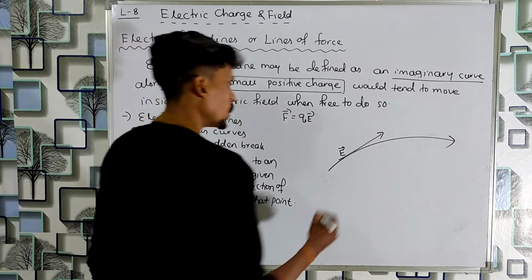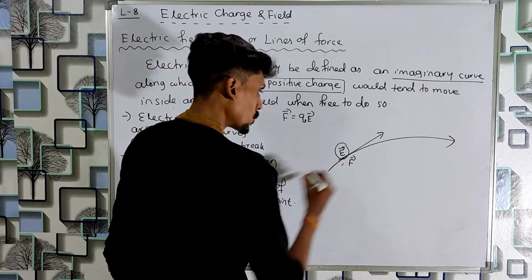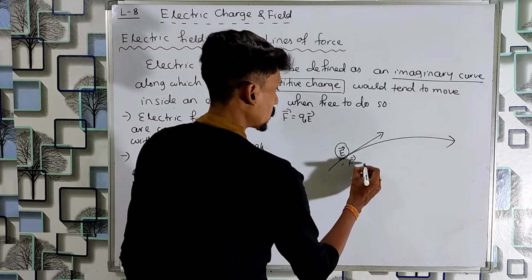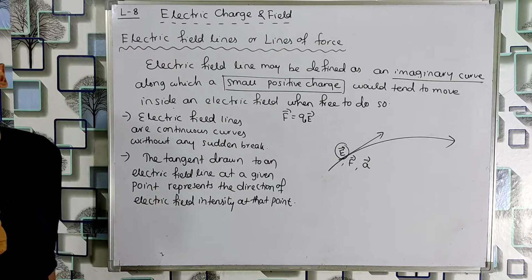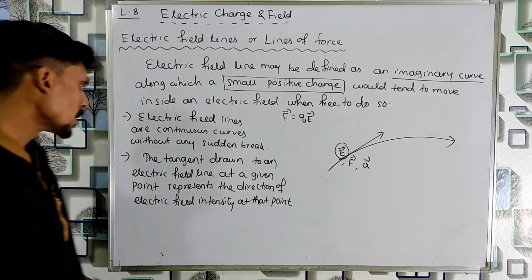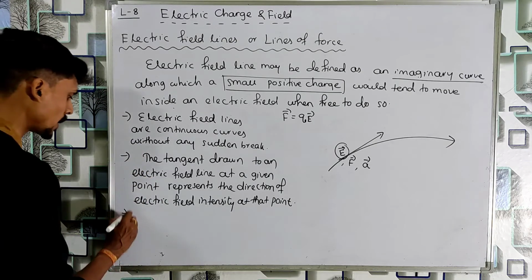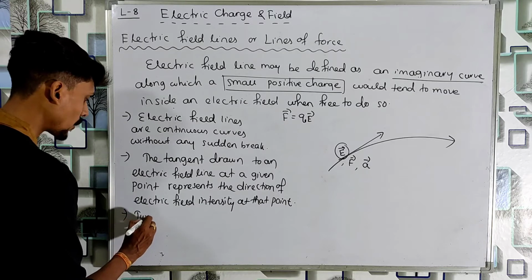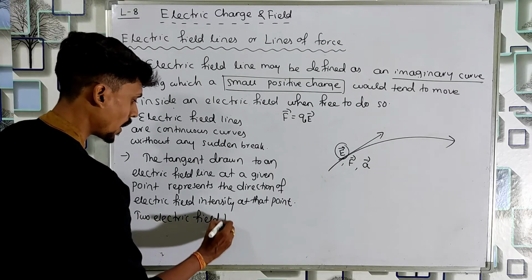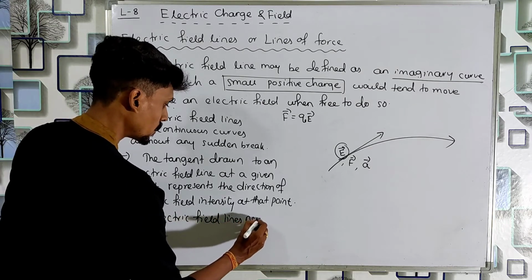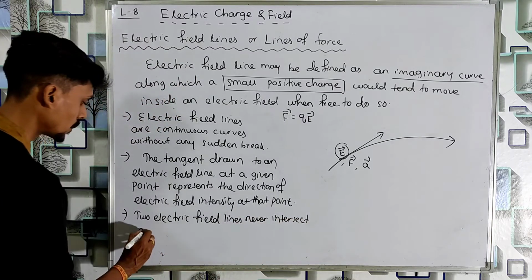So this tangent will represent the direction of electric field, the direction of force on a positive charge, and the direction of acceleration of the positive charge or of the test charge. Is that clear? So based on this concept, we will discuss the next point. The next point is that two electric field lines never intersect each other.